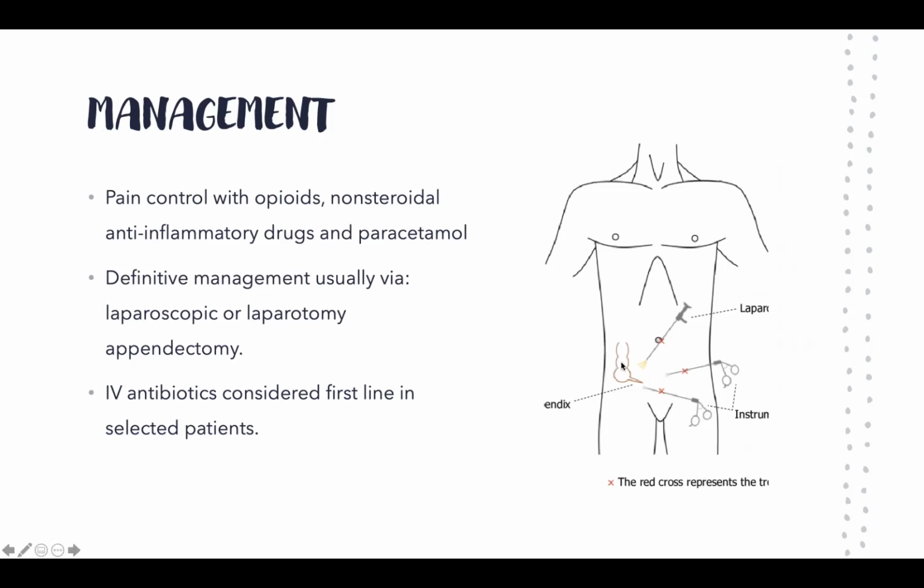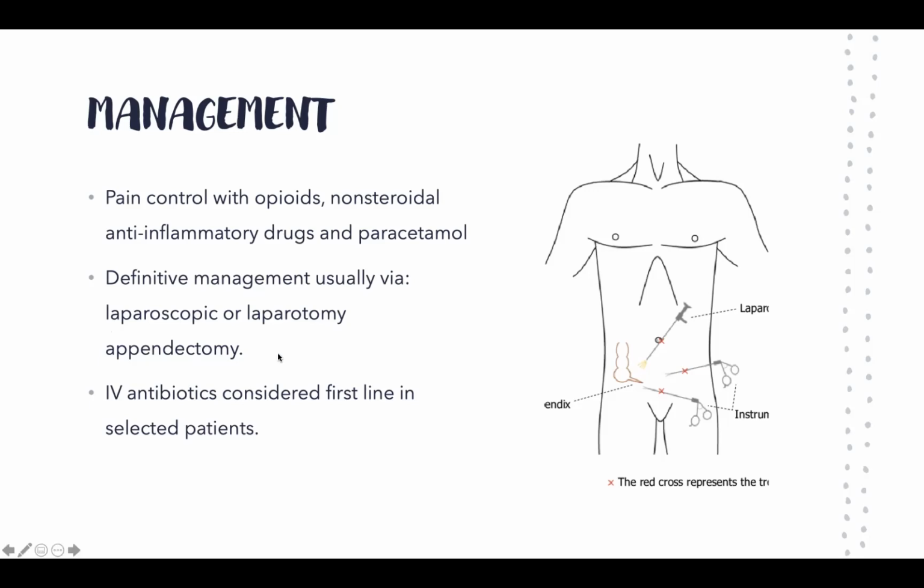Laparotomy is a larger incision and may be appropriate when complications of appendicitis are suspected. Laparoscopy using small incisions and a camera has the added benefit that we can actually visualize other organs in that area to rule out differential diagnoses, such as gynecological causes.